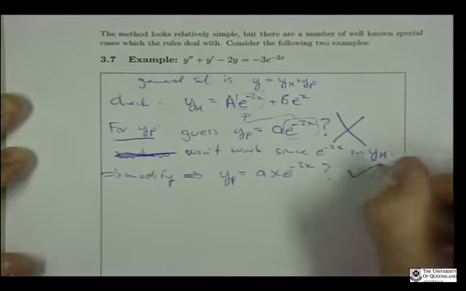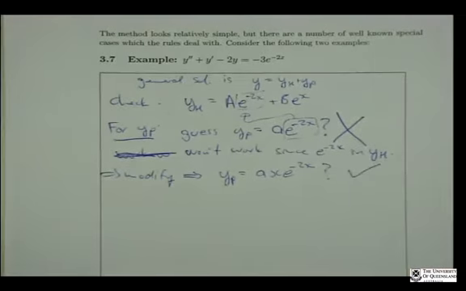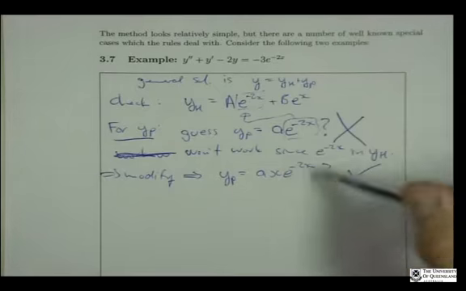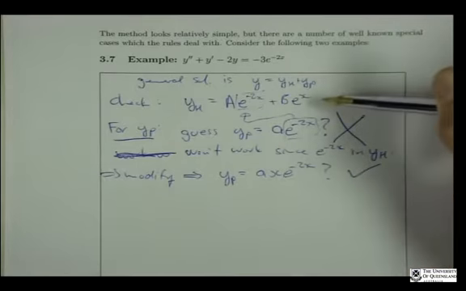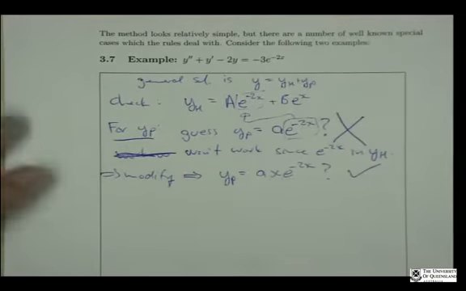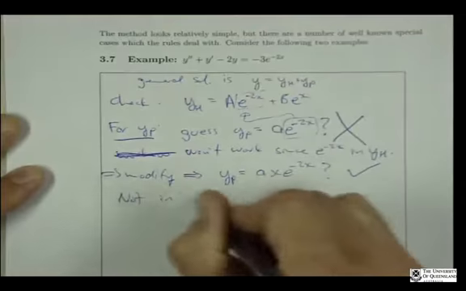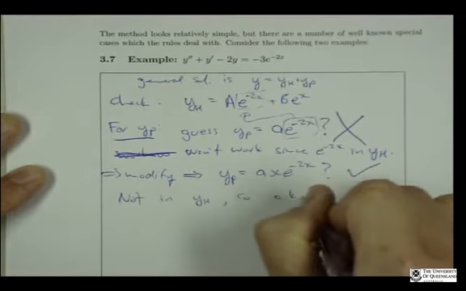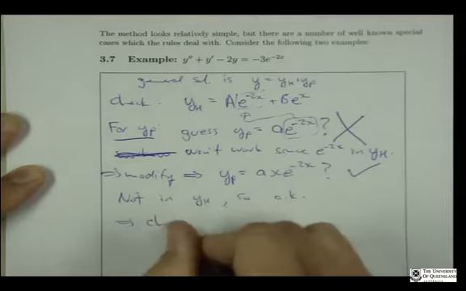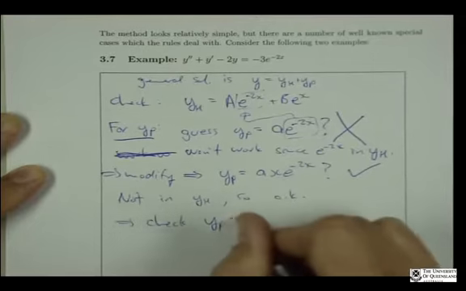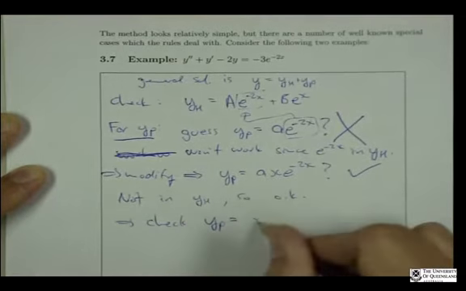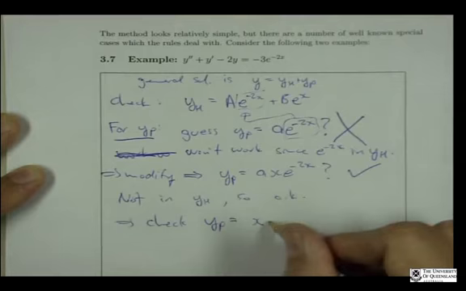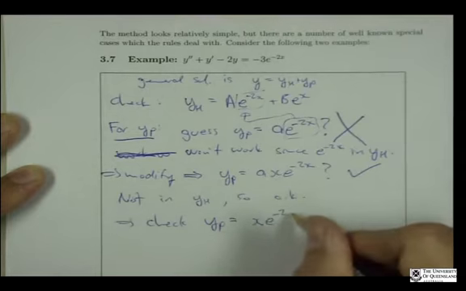Will this work? The method of undetermined coefficients says yes, it will. This does not occur in the homogeneous part of the solution, so it's okay. And in this case, just check that yp works out to be x e to the -2x.